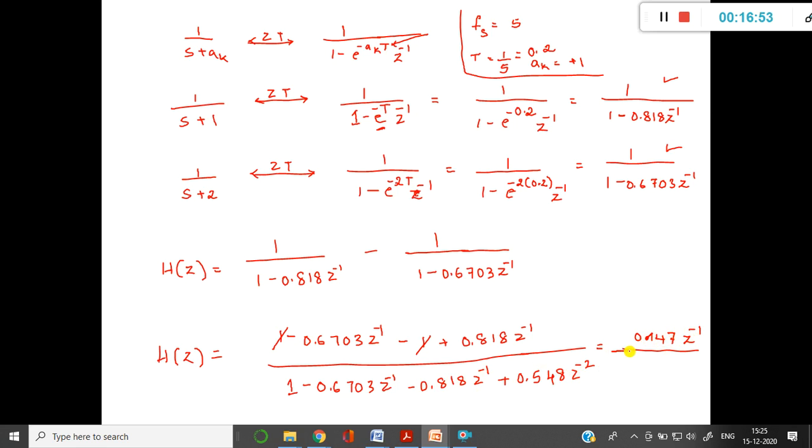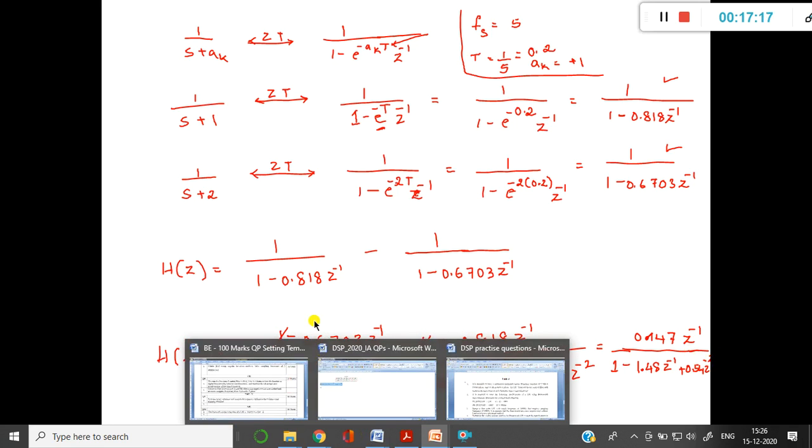In the denominator, 1 minus, so this will be 1.4 minus 0.6703 minus 0.818, so that will be minus 1.48 z inverse plus 0.54 z to the power of minus 2.